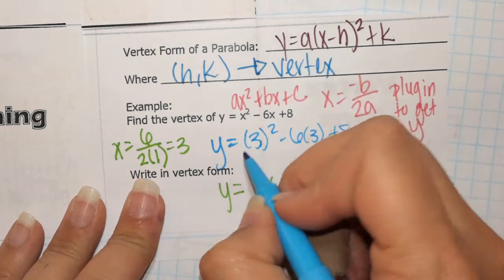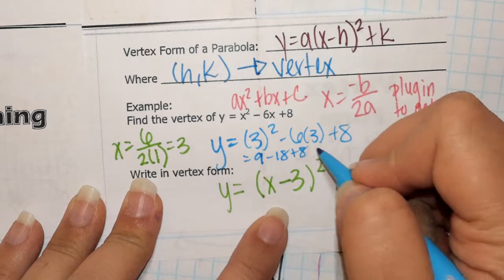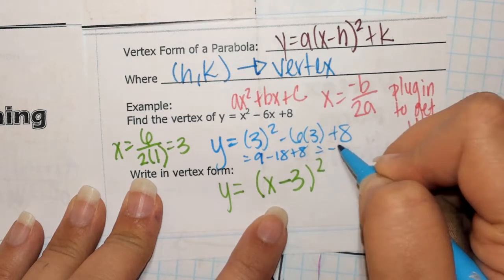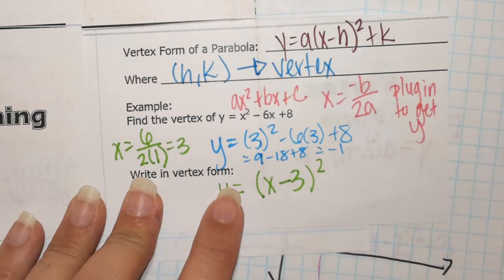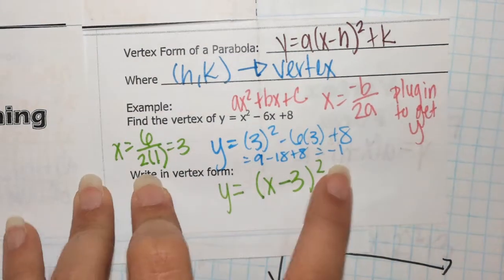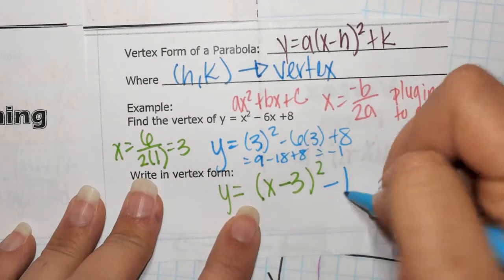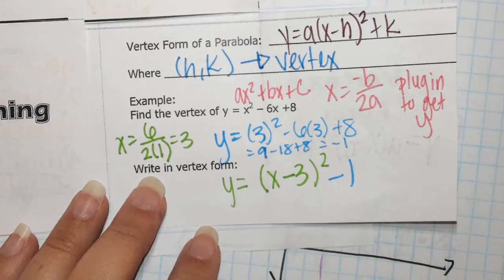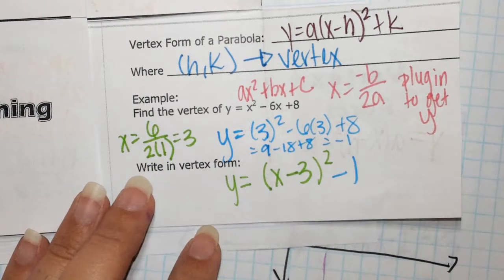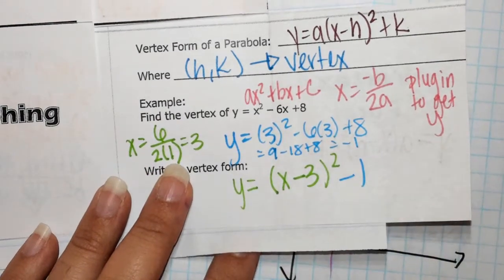What's 9 minus 18? Plus 8? Take a point, both of y'all, for answering. All of you get 2 points because you answered all of those. So is this our k or our h? So it's just -1. And boom, we're done. And then you just graph it. Isn't it easy? Y'all want to practice another one together?